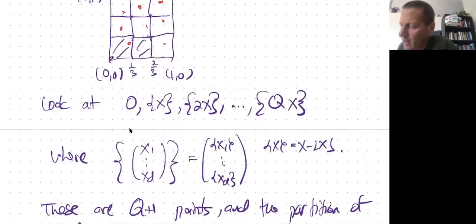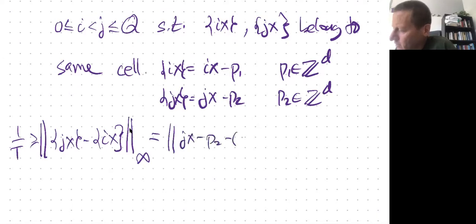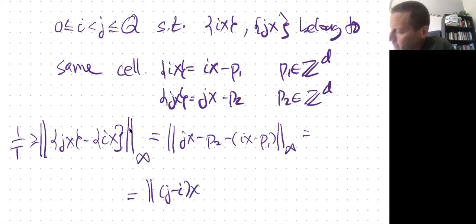So I get this inequality here, and now if I just try to understand what that means, this is jx minus p2, and this is ix minus p1, which is j minus i times x, and this is minus p2 minus p1.